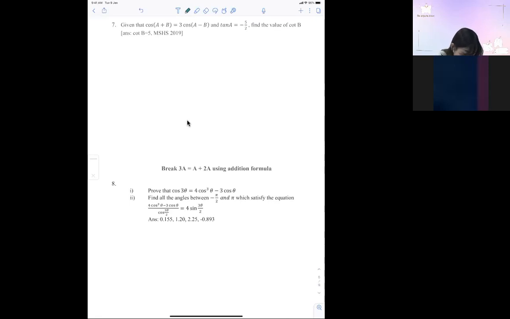So tangent B is negative. Tangent B is 7 over 24, right?